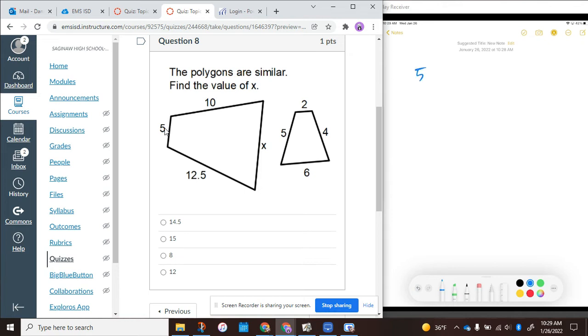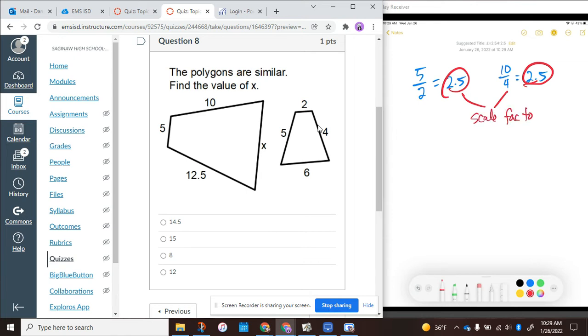5 over 2, comparing the larger one to the smaller one. That's 2.5, by the way. It's the same as if we compared this 10 and this 4, because those are the corresponding sides. 10 over 4 is the same thing. That's 2.5. And whenever you see this number over and over again, that 2.5, that is your scale factor.